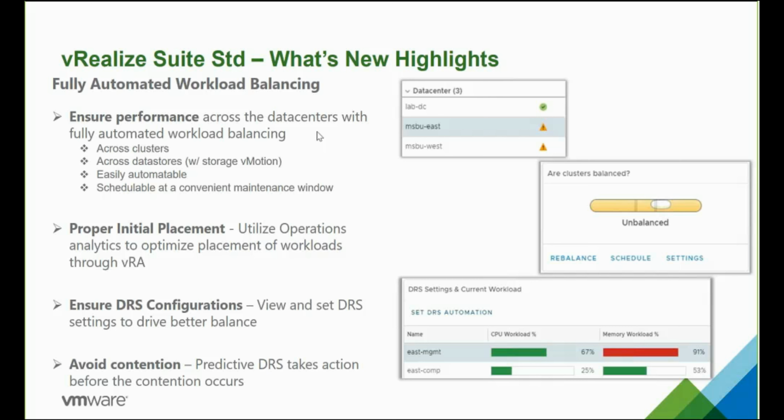Now, that is workload balance, and it's not only just moving the VM, because we all understand that a VM consists of CPU, memory, and disk, and hence this movement is not just a vMotion, but also a storage vMotion. And that's why it's across clusters, across data stores. And the beauty is that you can do it all through a single UI within vROps, which is a workload balance page.